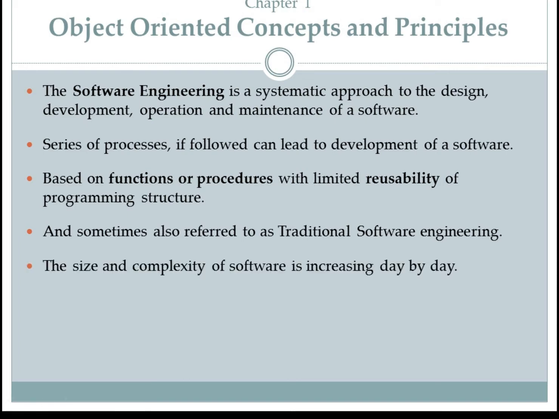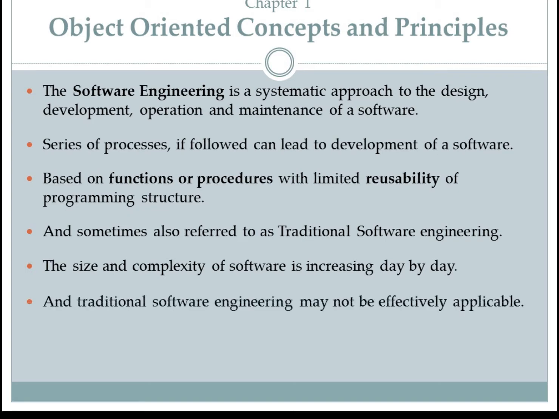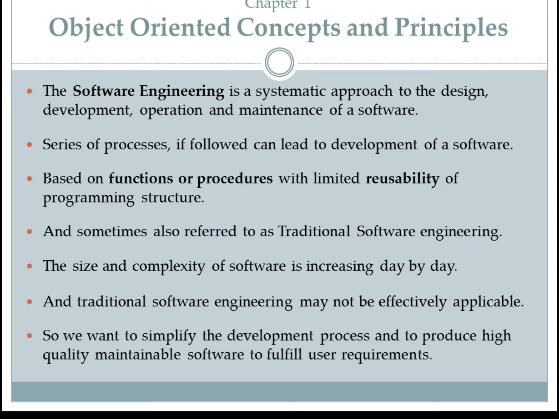The size of the software and the complexity in that software is increasing day by day. Hence, traditional software engineering may not be effectively applicable in the current era, as researchers say. To overcome this problem, we want to simplify the development process and produce high quality maintainable software to fulfill user requirements.